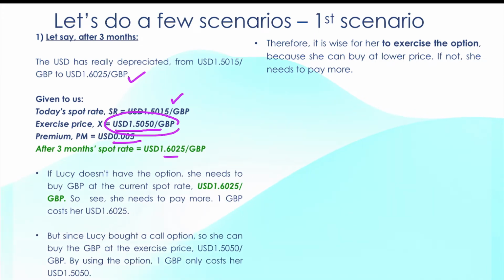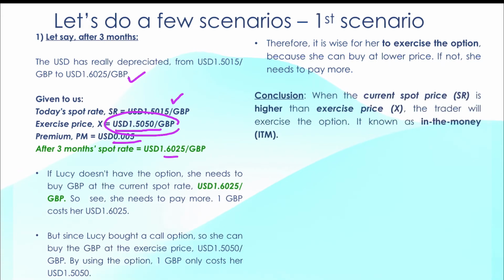If not, she needs to pay more, which is 1.6025. As a conclusion, when the current spot price is higher than the exercise price, the trader will exercise the option. It is known as in the money, ITM. So in the money happens when the spot rate is higher than the exercise price.